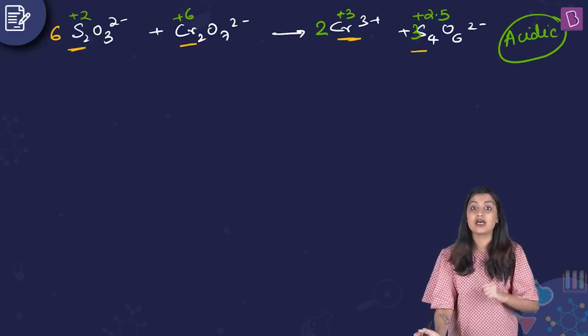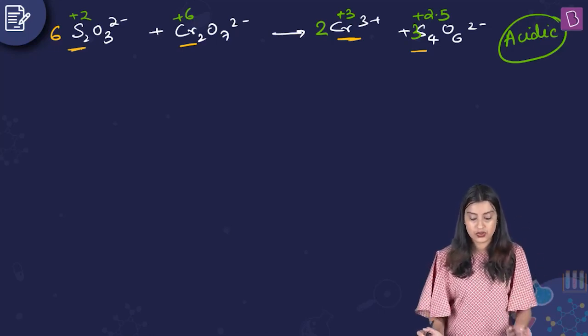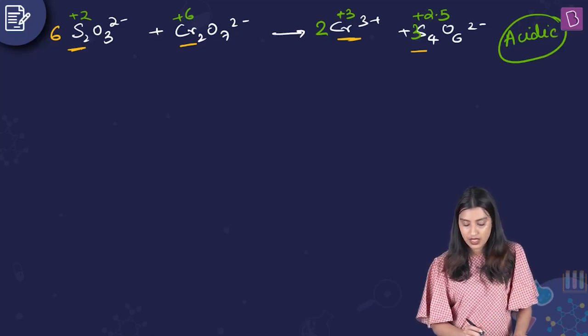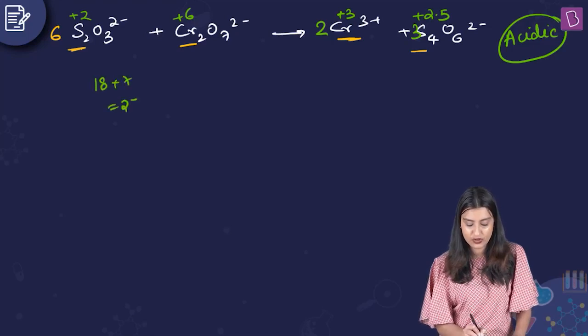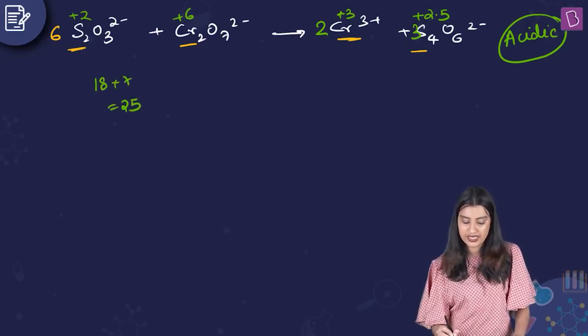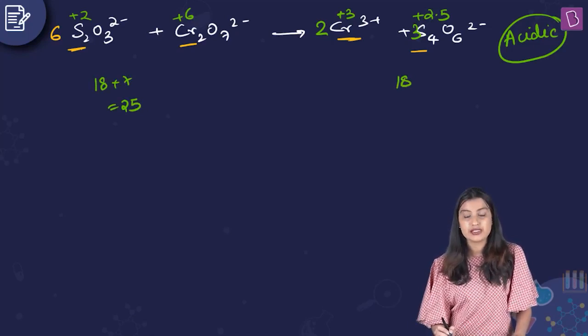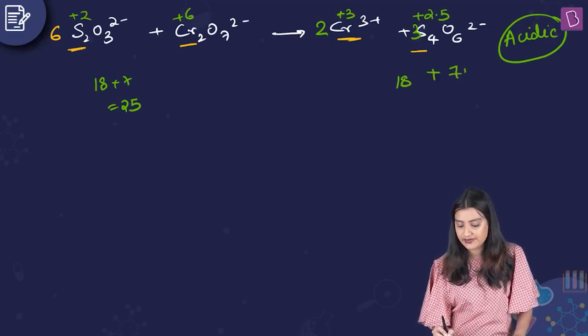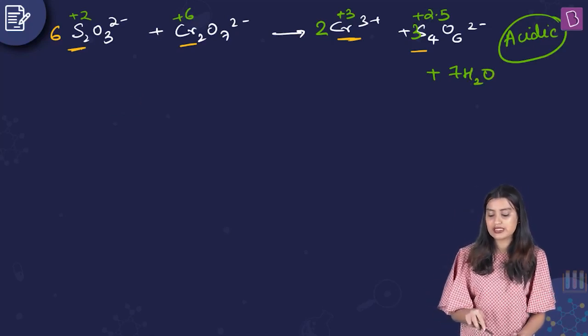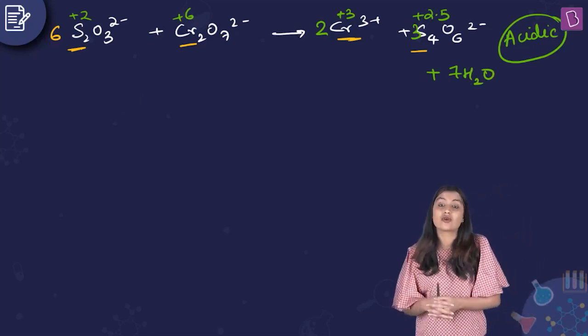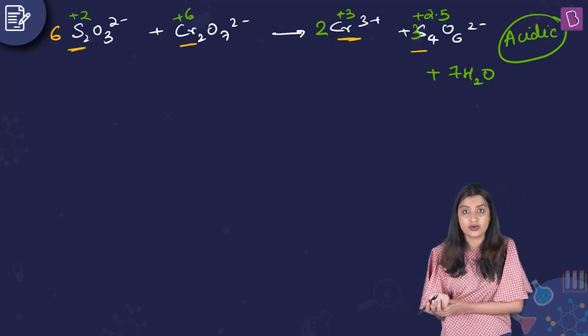Now we need to balance oxygen atoms. So you can see here on the reactant side, what do you have? You have 18 plus 7, 25 oxygen atoms, whereas on the product side, you have only 18. Which means I'm going to add 7H2O here. I add 7H2O on the side that has fewer oxygen atoms so that I can balance the oxygen atoms.